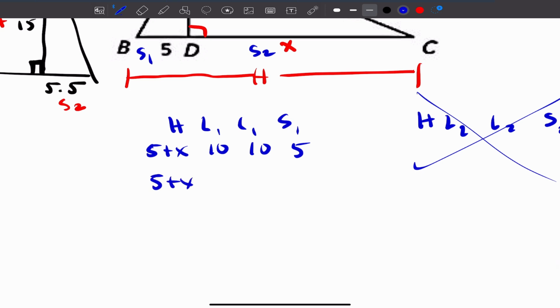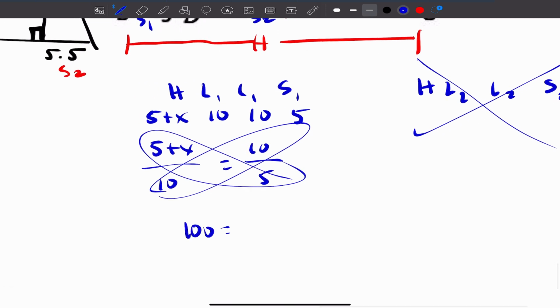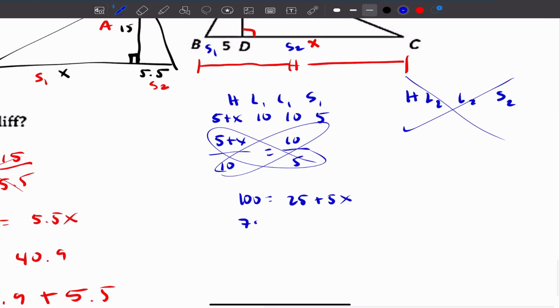So it's 5 plus X over 10 equals 10 over 5. Cross multiply, so 100 equals 25 plus 5X. So 75 equals 5X, so X equals, is that 15? Yep, that should be 15.